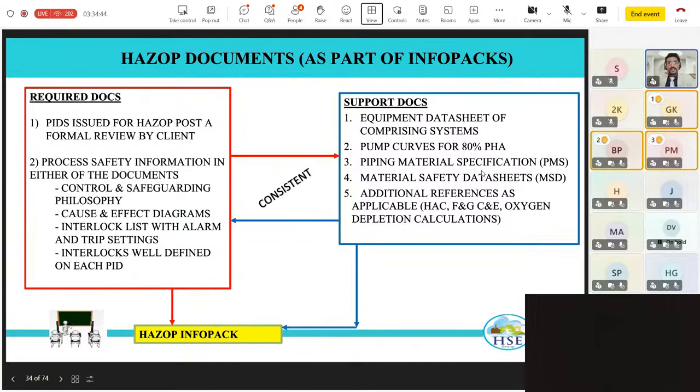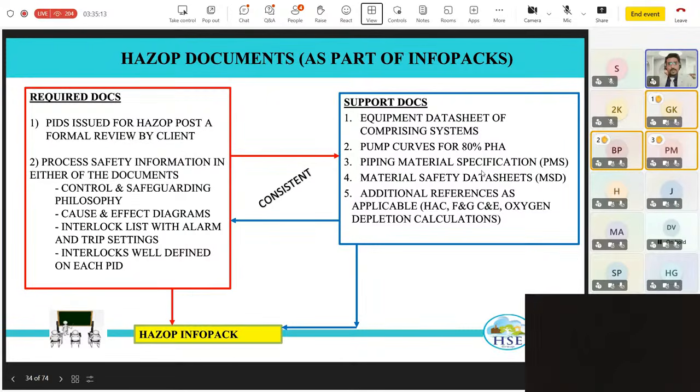Next is pump curves. Usually, you need these pump curves, which are very important. Many times you tend to miss them, and they are required at least at the 80% HAZOP or 90% HAZOP. We need this because half of your HAZOP scenarios would be discussed or addressed based on these pump curves. Next is piping material specifications. Many times I have gone into HAZOPs where the client piping person mentions things like, okay, this is our 300 rated system, 600 rated systems, but that may not be consistent with what the piping material specification says.